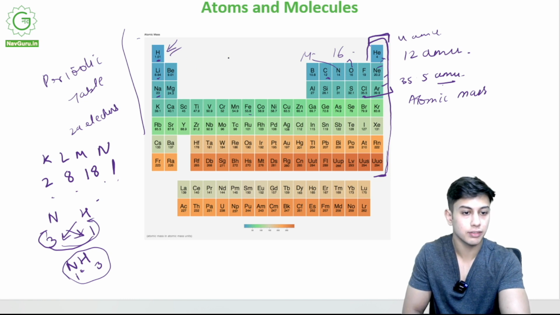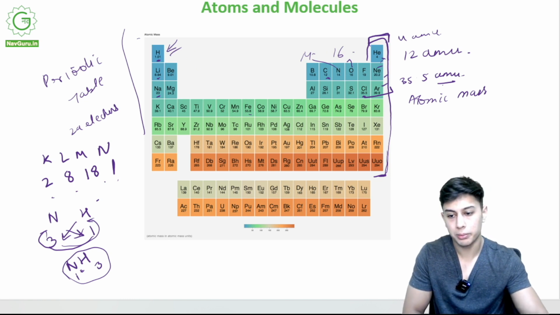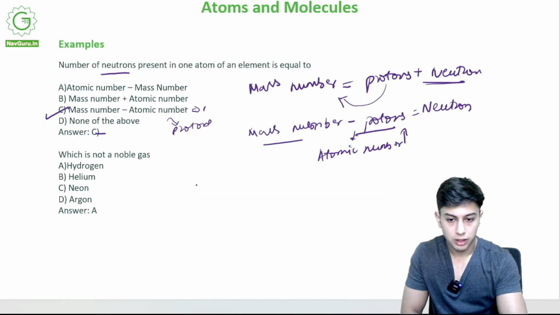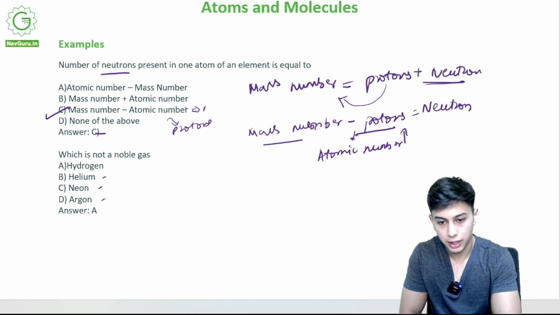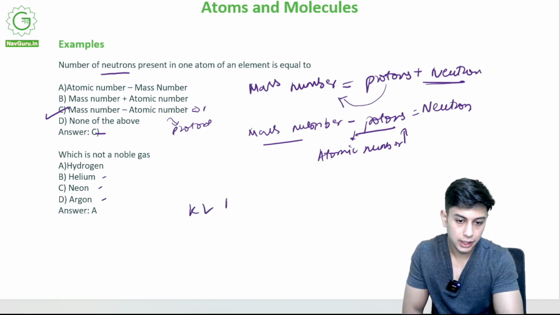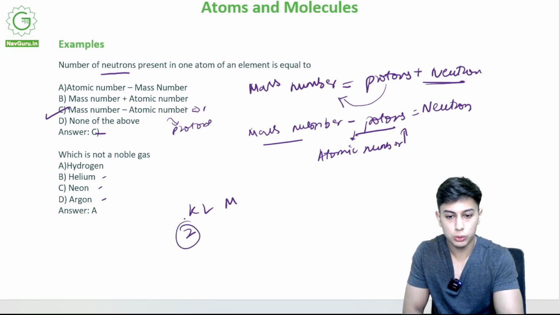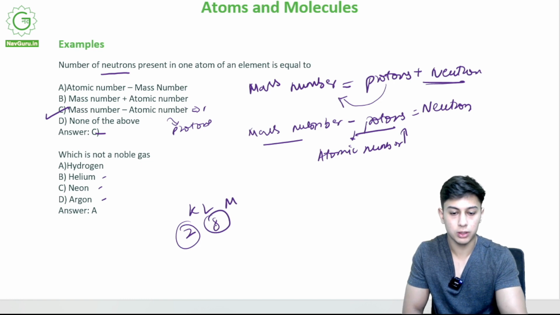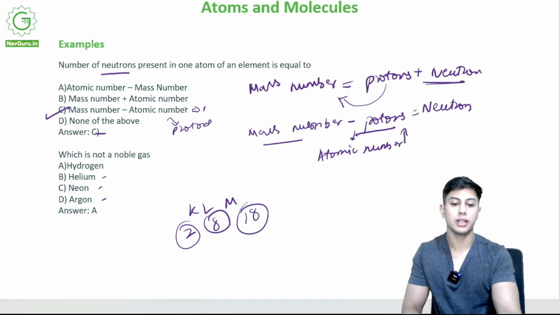It is reactive. These have filled orbitals. Helium, neon, argon: in their K, L and M shell, everything is filled. Helium is 2, filled. Neon, 8, second orbital also filled. In argon, this is 18, this is also filled. So all the energy levels are filled, so they cannot participate in any reactions.